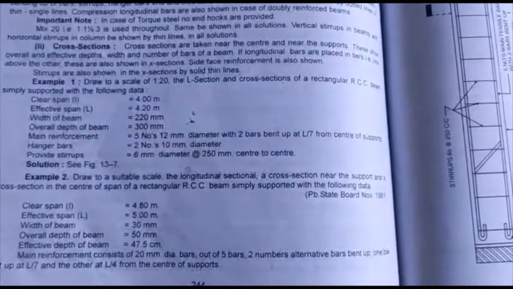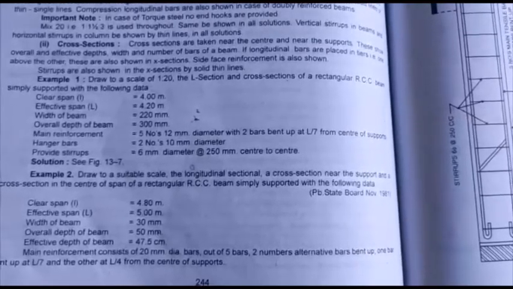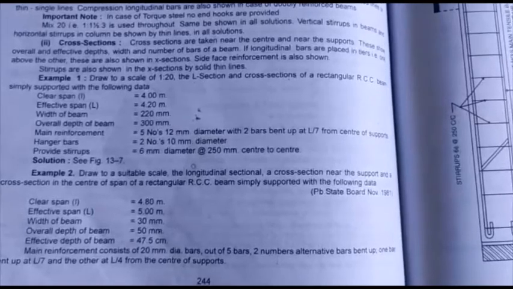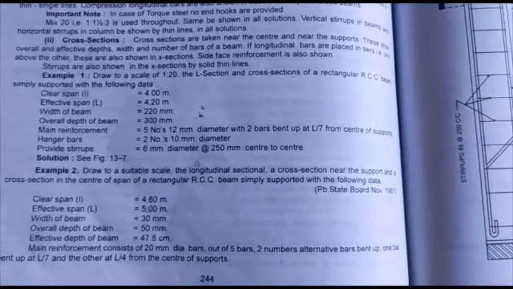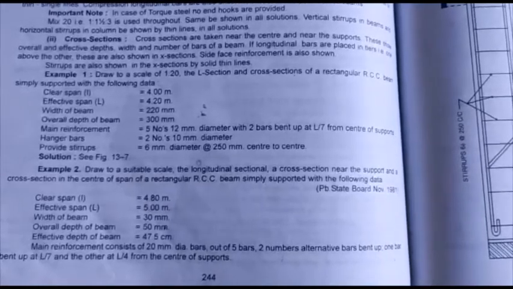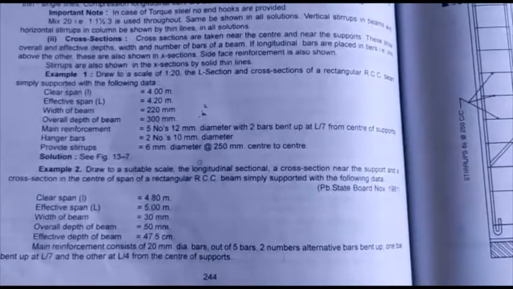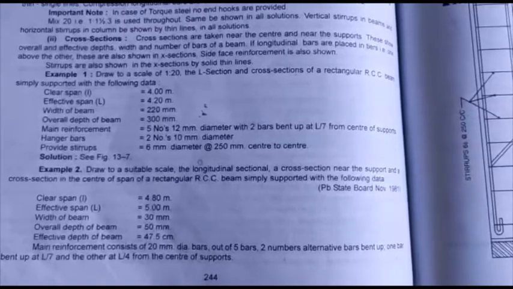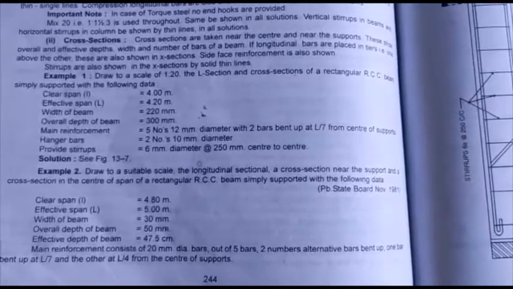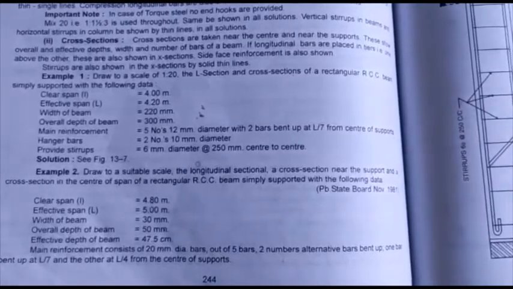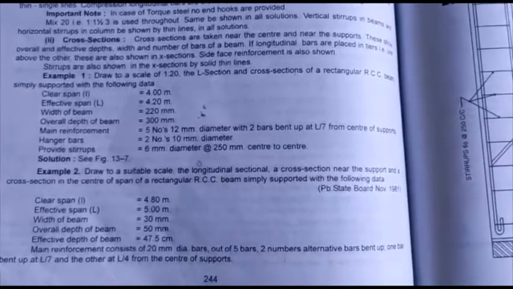Here the clear span is 4 meter, effective span is 4.2 meter, width of beam 220 mm, overall depth of beam 300 mm, main reinforcement is 5 numbers 12 mm dia bars, bent up bars at L by 7 from center of supports, and hanger bars are 2 numbers 10 mm dia, and then provide stirrups 6 mm dia at 250 mm center to center spacing.